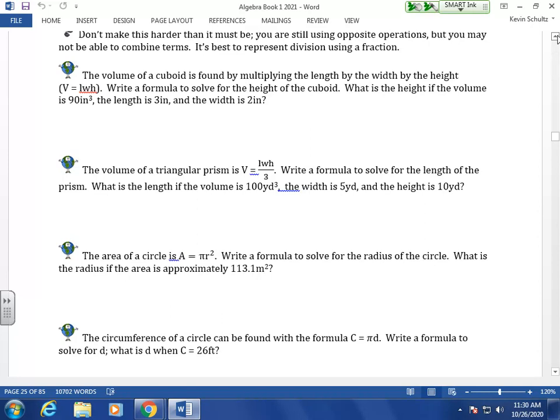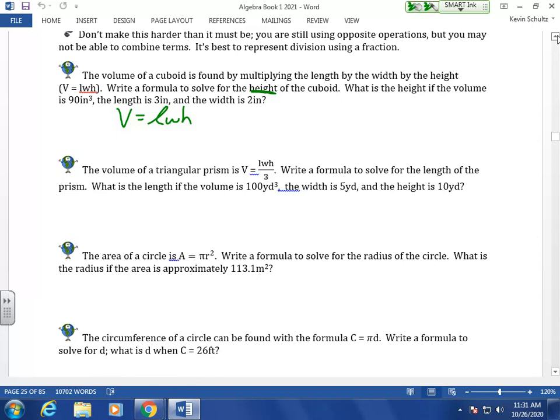The volume of that is found by multiplying the length by the width times the height, or the base times the width times the height. And what we're looking to do here is to rewrite this formula, not so that it gives us the volume, but so that we be able to solve for the height of the cuboid, meaning we want to rewrite this formula so that V isn't by itself, but H is by itself. Any thoughts on how we would do that?